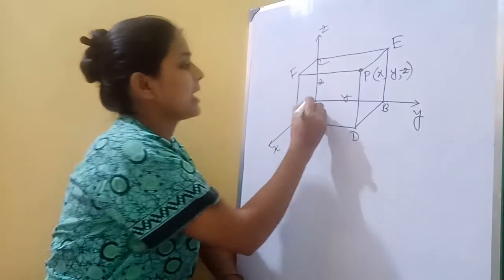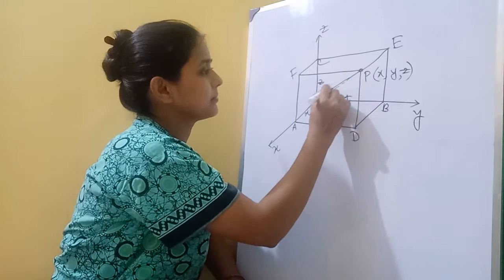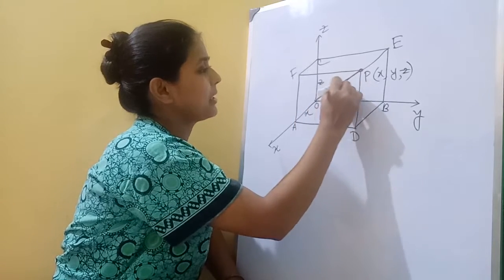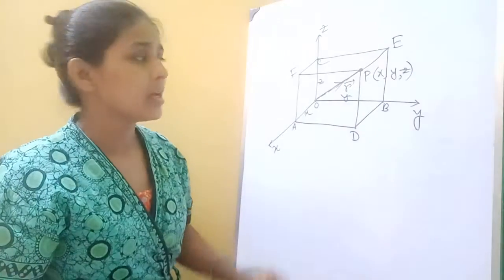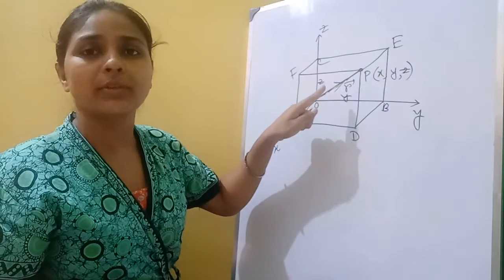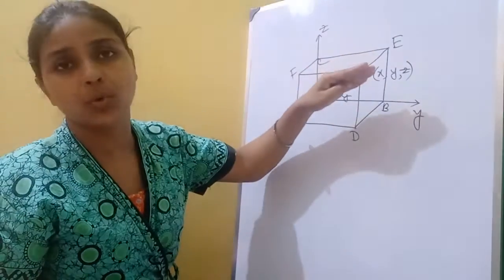Okay, I'm adding OP. So OP is the vector, that is the r vector. R vector is the position vector of the point P and it will be towards OP.